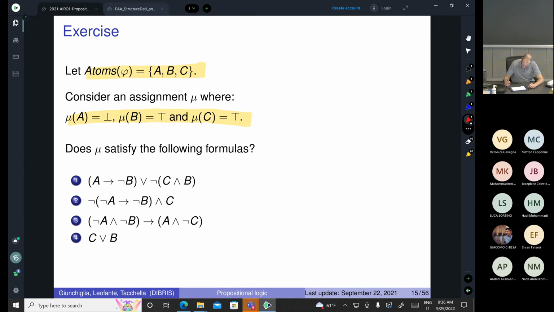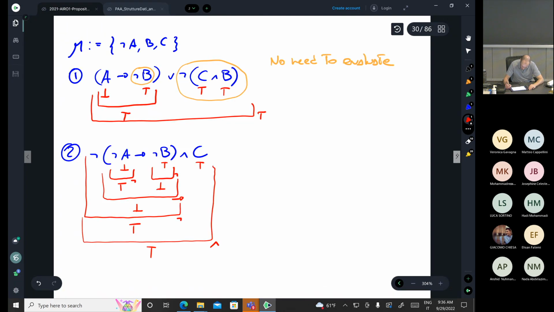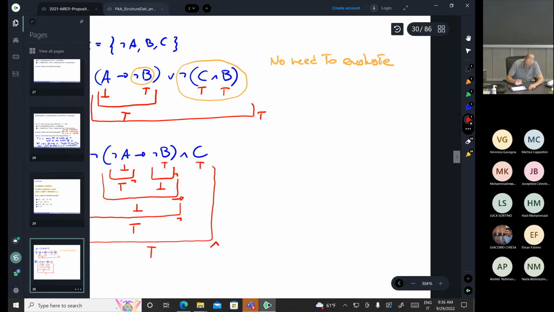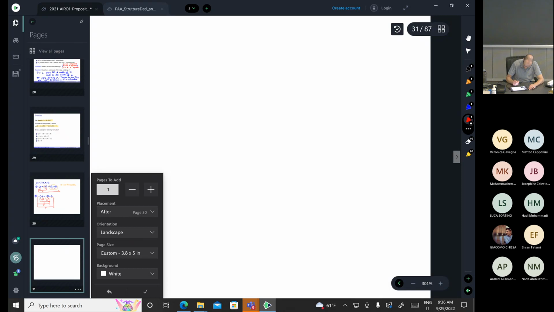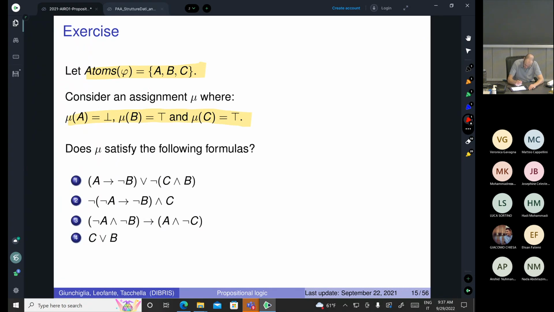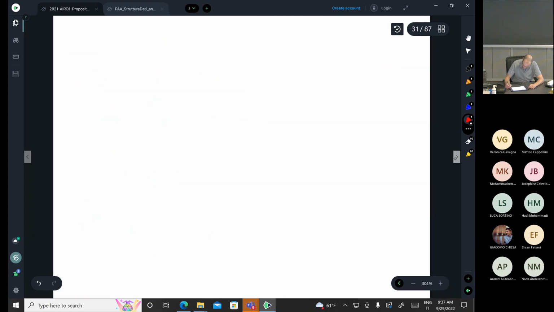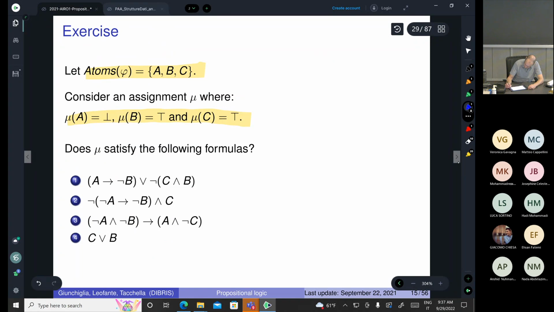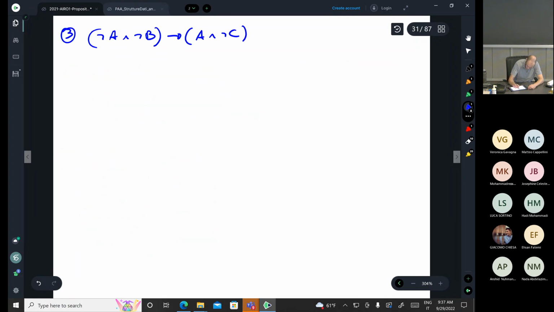Okay, 3. Let me add another sheet here. So 3 is not A and not B implies A and not C. So again, A was false, B was true, A was false, and C was true.